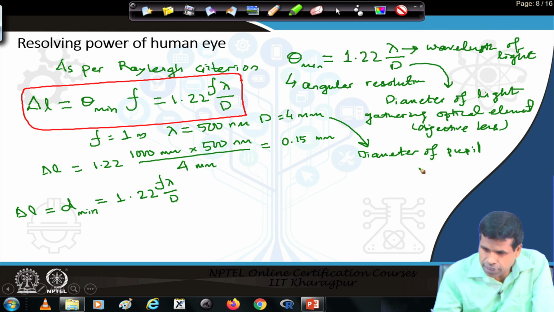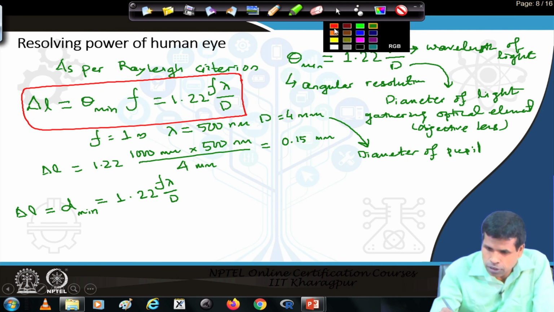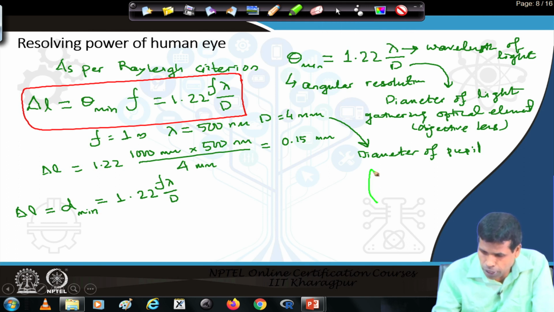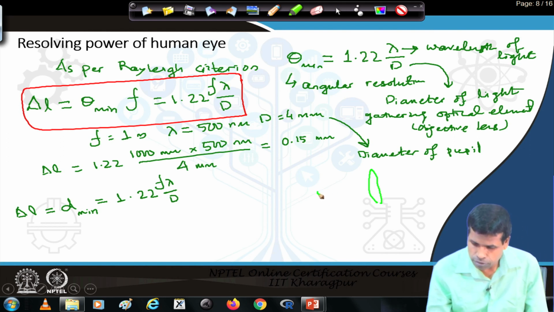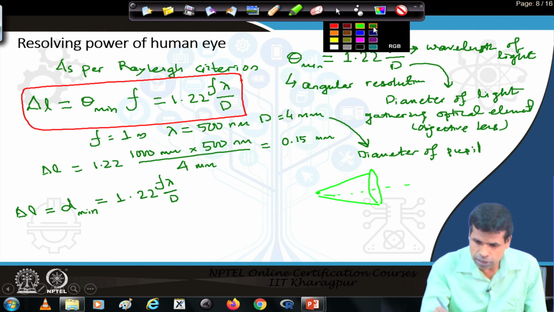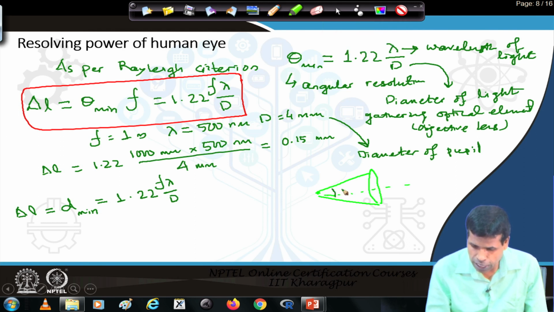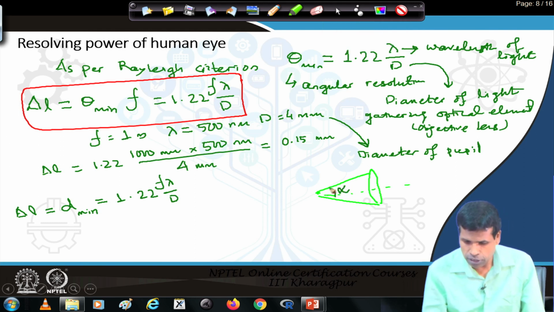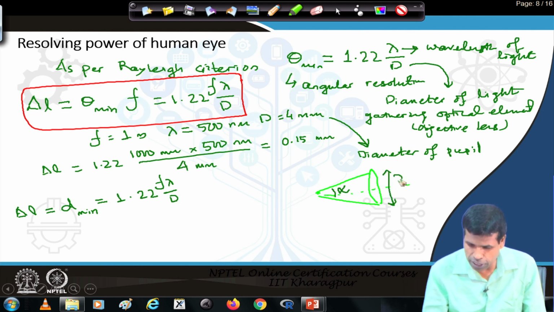Let us say we have a lens, and let us say its focal point is here, and this is the angle of aperture alpha, and this is the optical lens, let us say of diameter d.